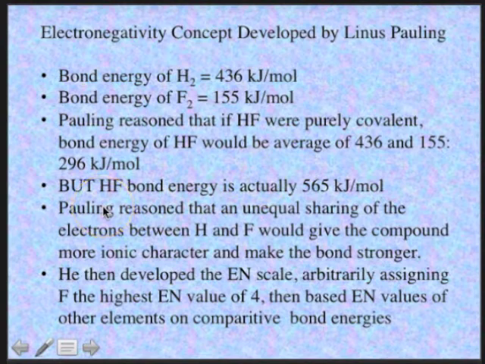Pauling reasoned that an unequal sharing of the electrons between hydrogen and fluorine would give the compound more ionic character and make the bonds stronger. He then developed the electronegativity scale, arbitrarily assigning fluorine the highest electronegativity value of 4, and based electronegativity values of other elements on comparative bond energies.